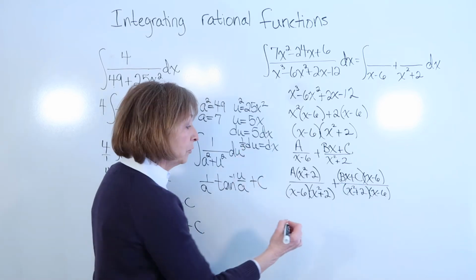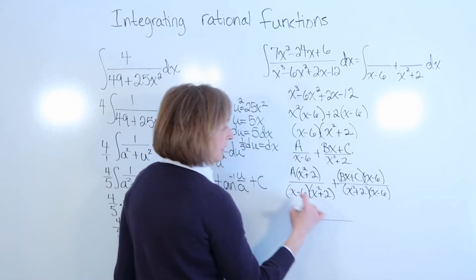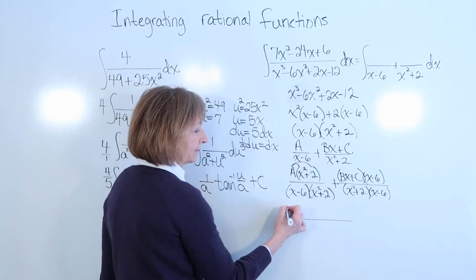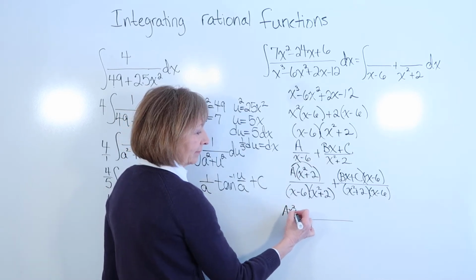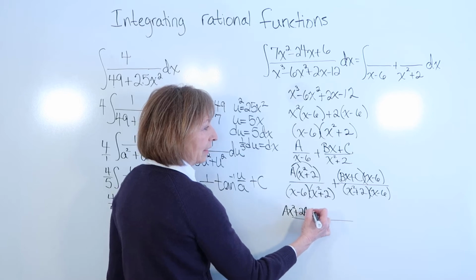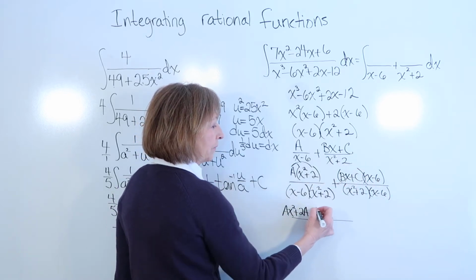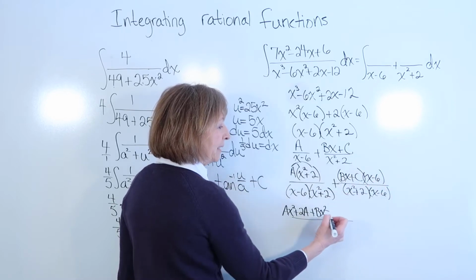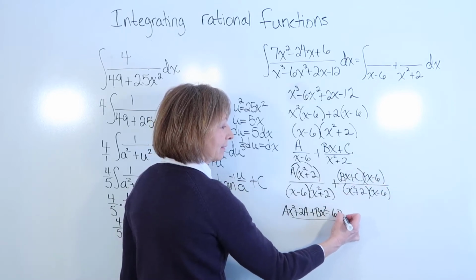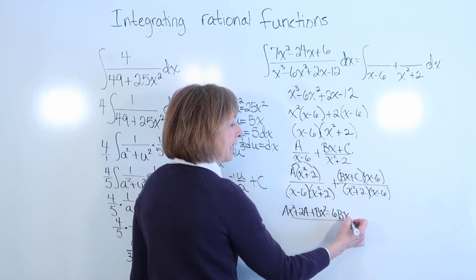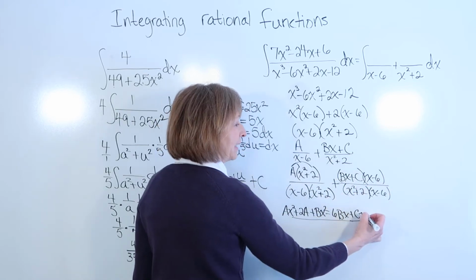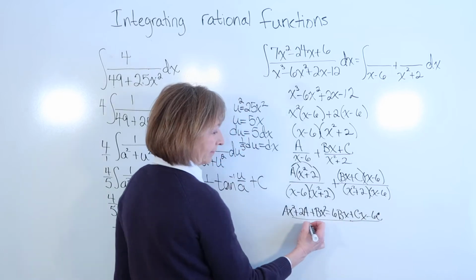And then when I remove parentheses, I get ax squared plus 2a plus bx squared minus 6bx plus cx, and then minus 6c.